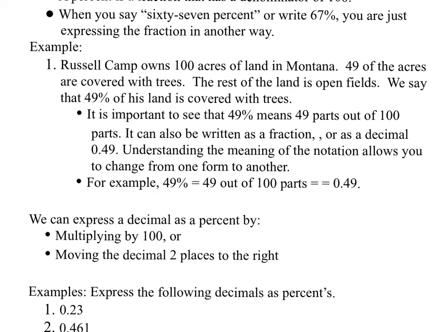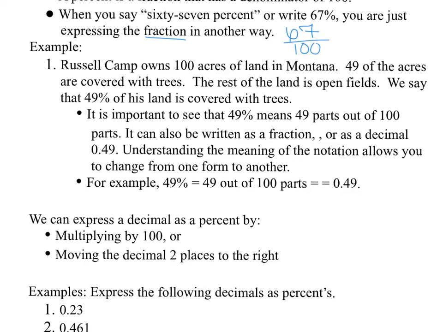So a percent is a fraction that has a denominator of 100. For example, when you say or write 67%, you are just expressing the fraction in another way, and this fraction is actually 67 over 100.